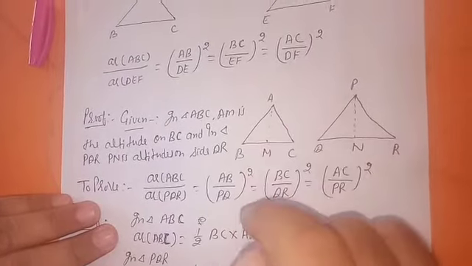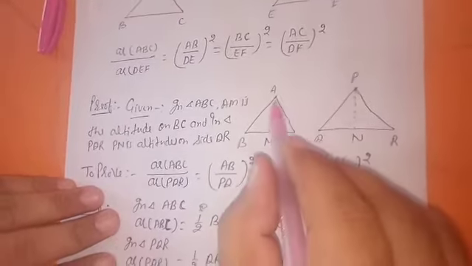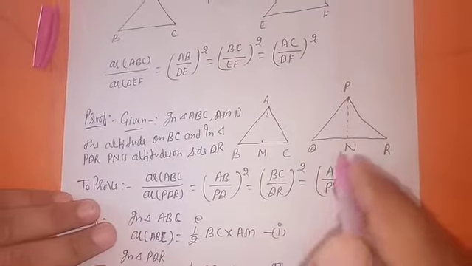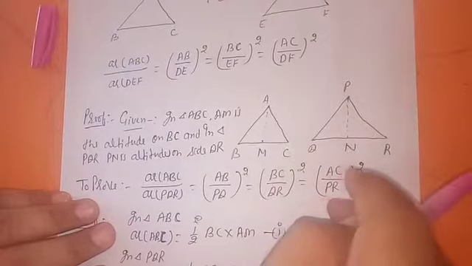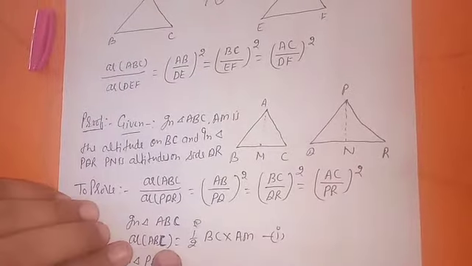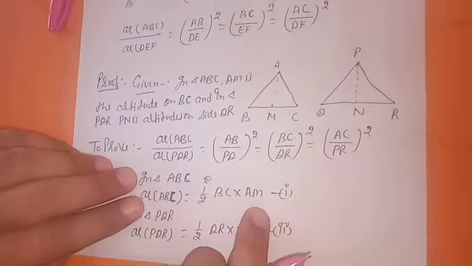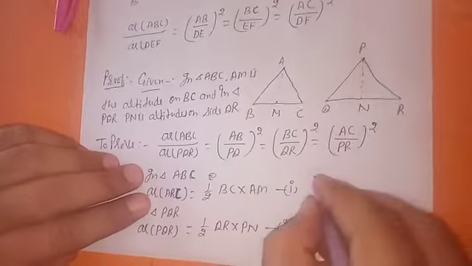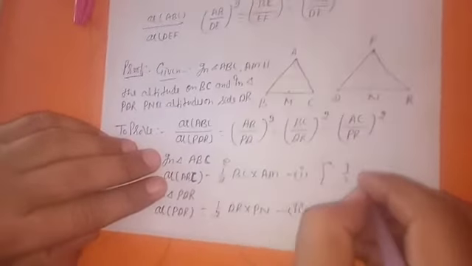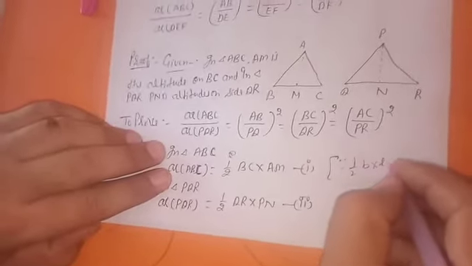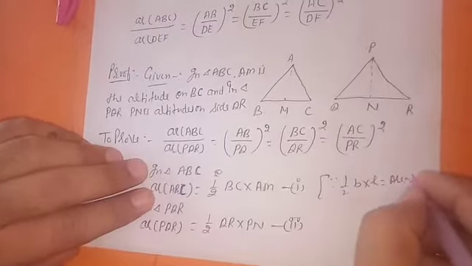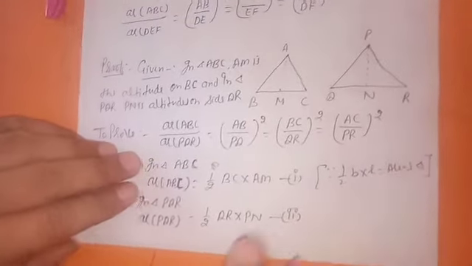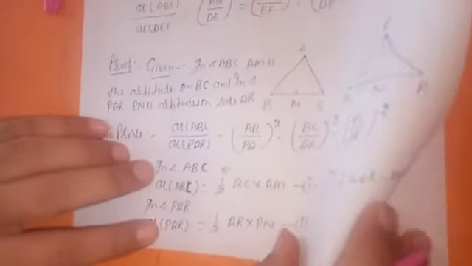You can draw altitude AM in triangle ABC and PN in triangle PQR. Find the area of triangle ABC by the simple formula, 1/2 base into height, which is equal to the area of the triangle. Similarly, find the area of triangle PQR. Then you can write both as a ratio.